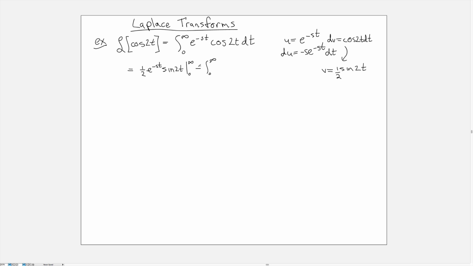Now this minus sign here is going to cancel with that minus sign to make a plus, and I'll have s e to the minus st from du, and then v, I'll have a half, which I'll put out in front, and a sine of 2t, and then I get a dt from the du.